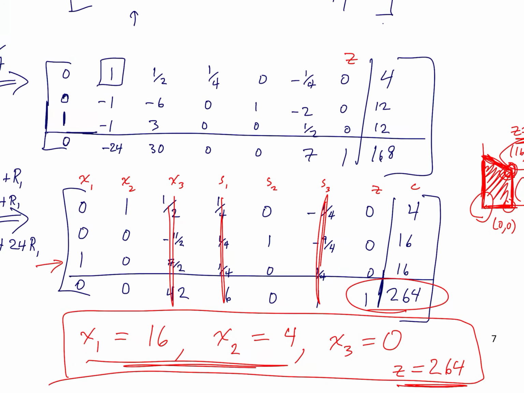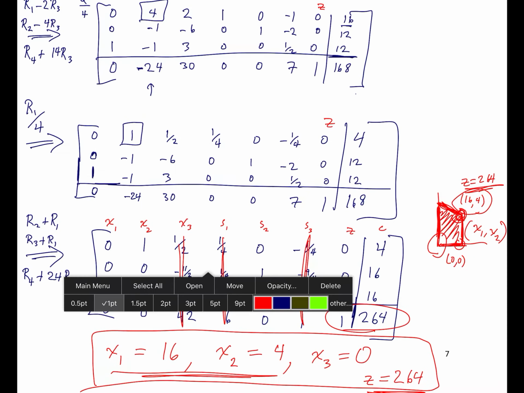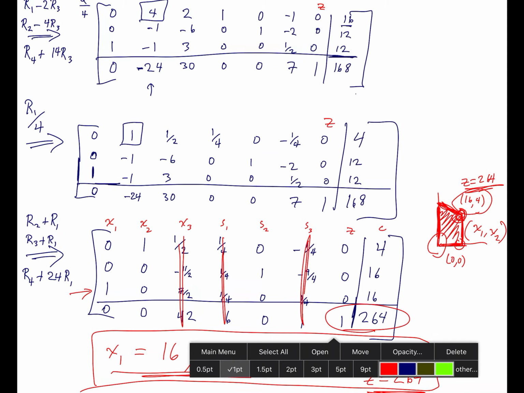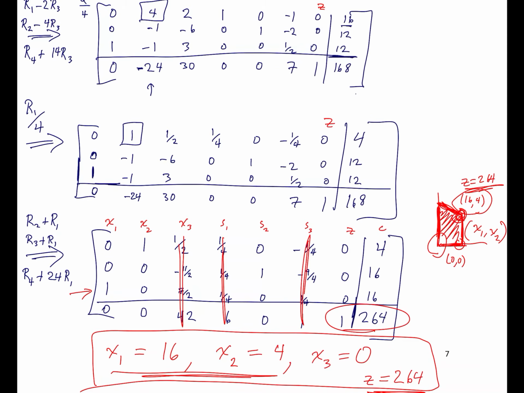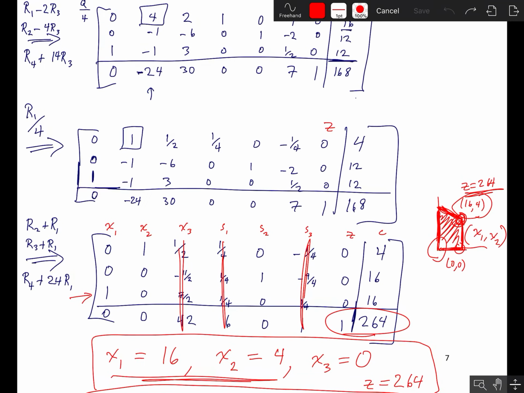So this is actually going to be true in all simplex method problems. You will always have a z column that looks like 0, 0, 0, 1, or some number of zeros and then a 1. And your final equation will always tell you that z is equal to this bottom right value.